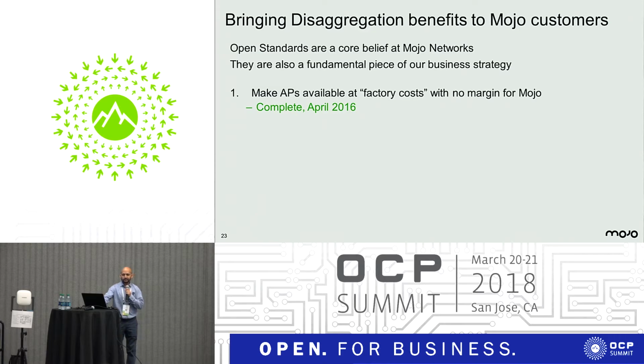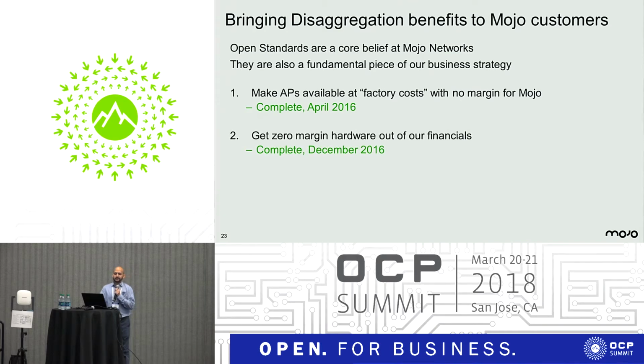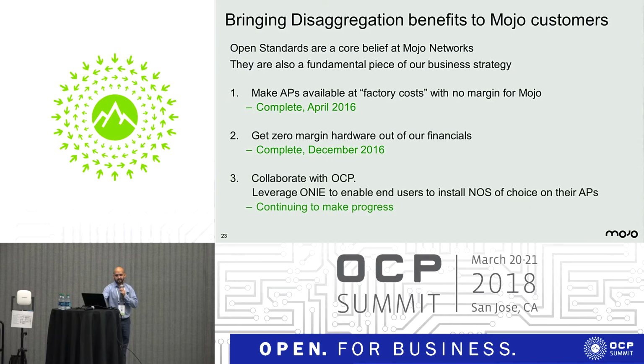So what we've done is we have made APs available at factory costs, and we are making no money on the APs. We completed this in April of 2016. So again, there's no margin on the hardware, and we got that out of our financials in December of 2016.